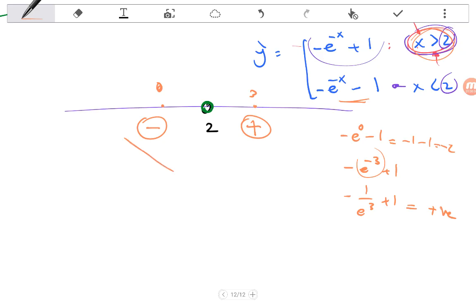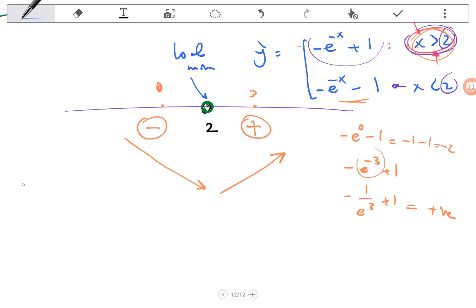So this function will be decreasing then increasing. Now this 2 belongs to the domain of the function, so that point will be a local minimum. So we just have one local minimum for this function.